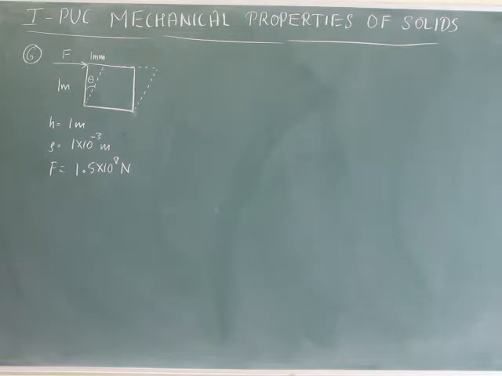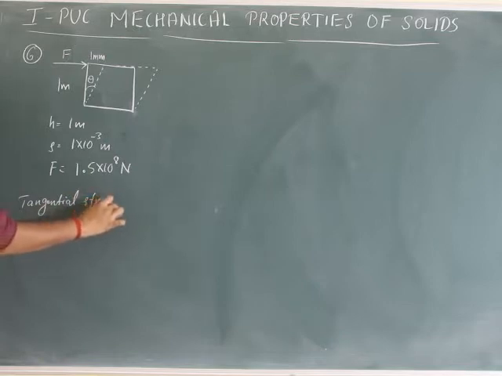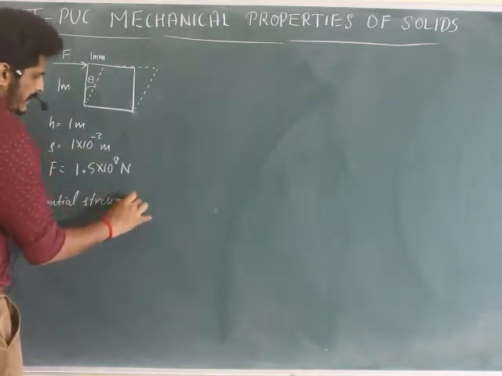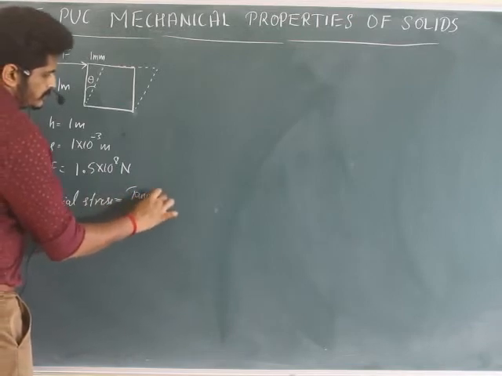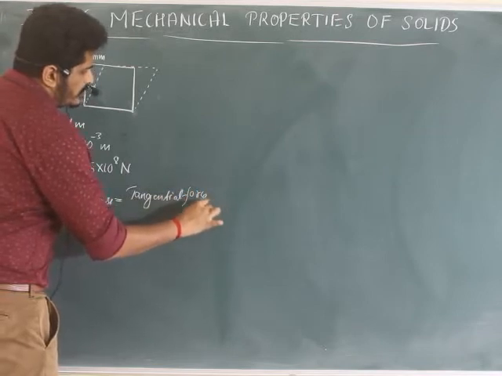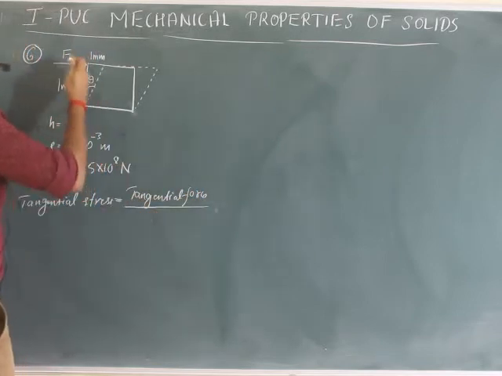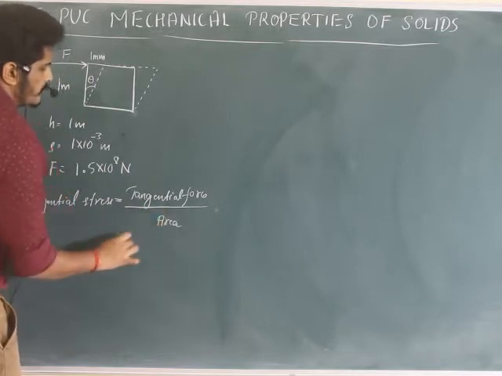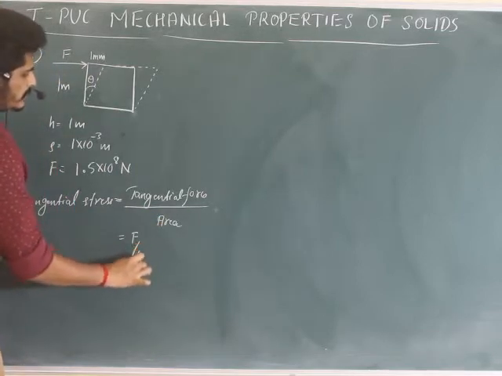Tangential stress means force by area of the face, correct? That is, tangential stress is equal to the tangential force applied divided by the area of the face. You might be remembering the formula F by A, right?